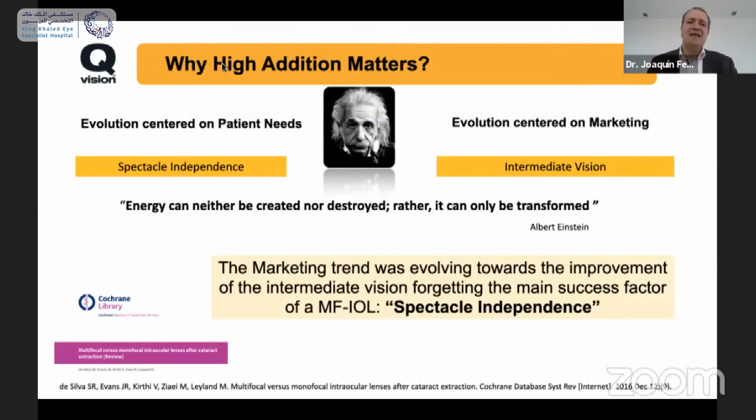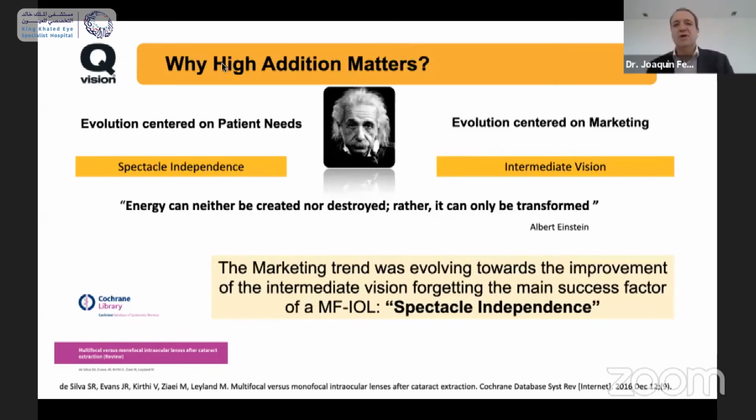And why does the high addition matter? Okay, we have this balance right now in the marketing. We have a trend trying to reduce the addition of the lenses. At the beginning we began to have spectacle independence, trying to be centered on the patient's need. We have a meta-analysis that tells us that patients, when they are going to be operated, don't want to use near glasses.